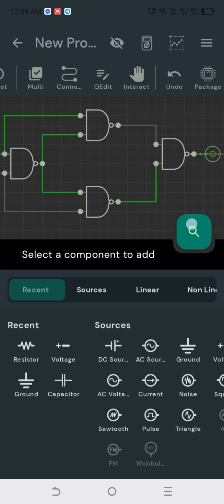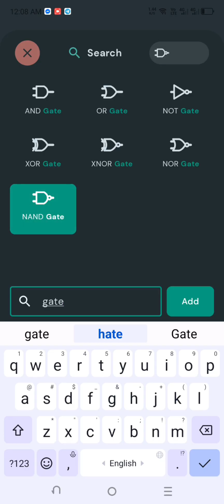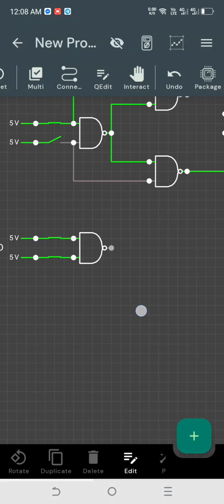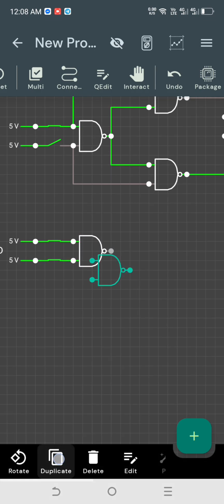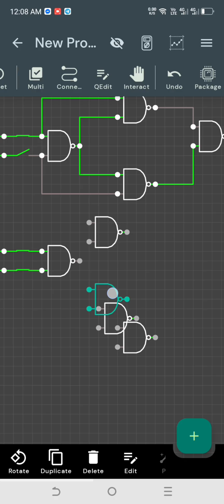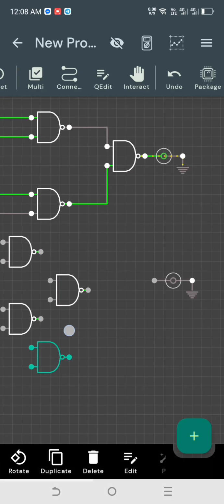Alright, this one is the NAND gate. So apologies for the wrong one. At least I know the correct one now.